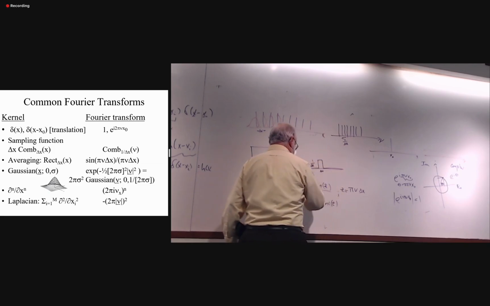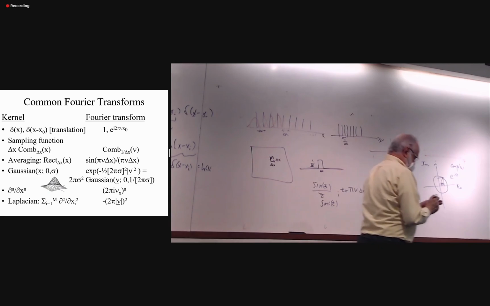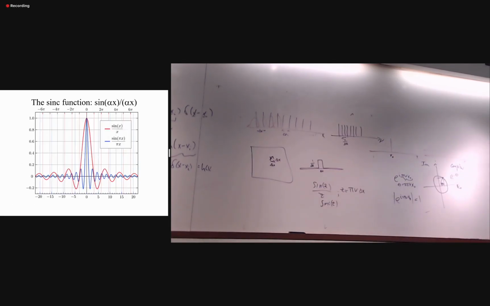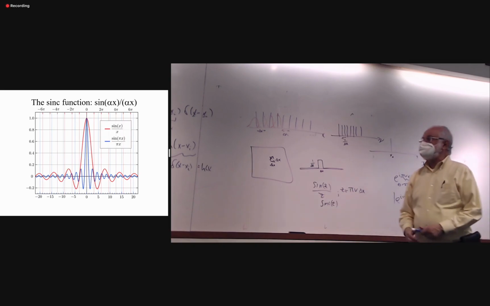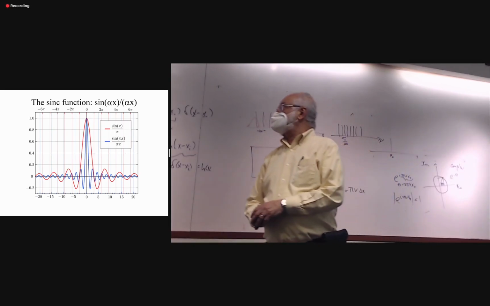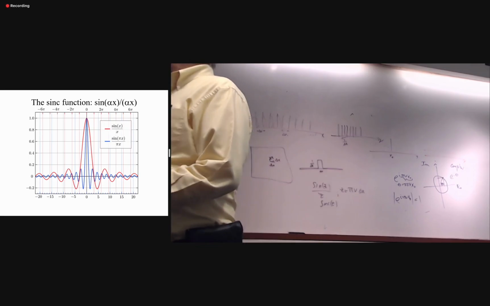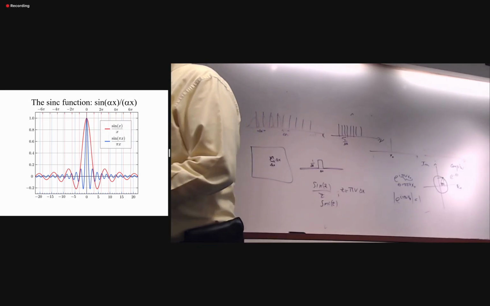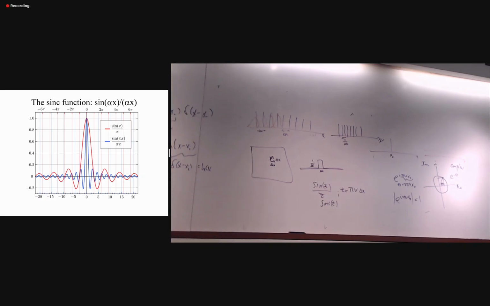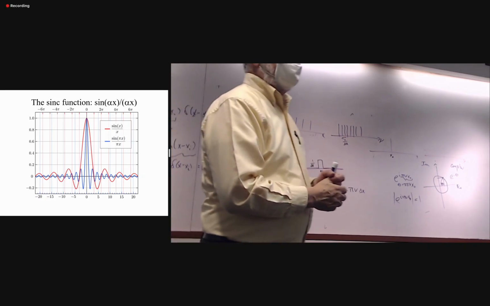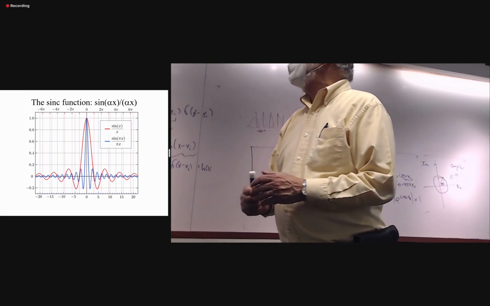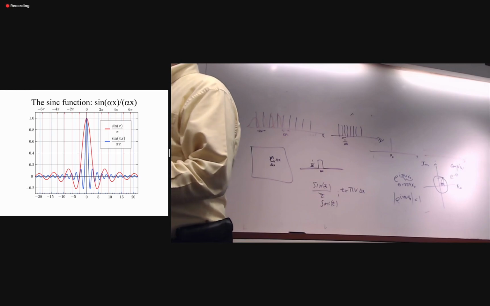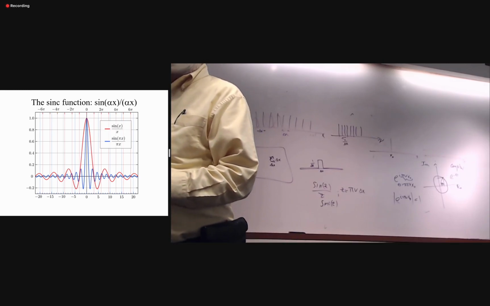It's just a name for this sine over its argument. And here we see what it looks like. It's this red function, it's sine z over z. First of all, in the limit as z goes to 0, sine z over z goes to 1. And so this function has the value 1.0 at x equals 0.